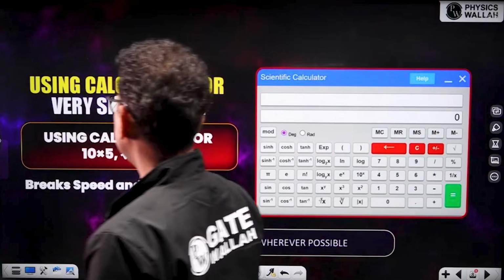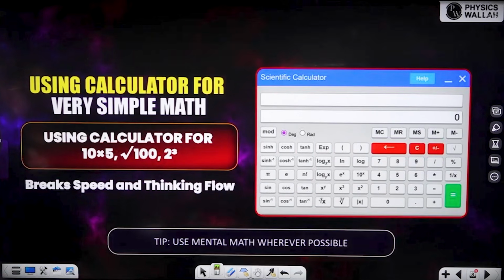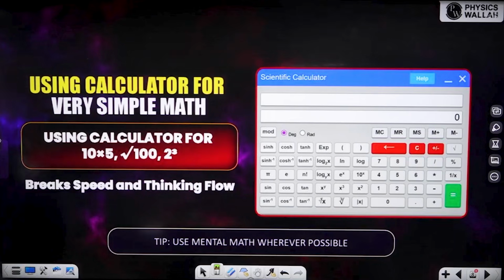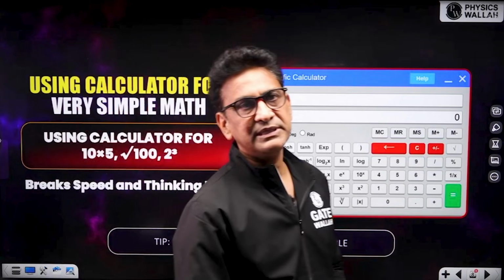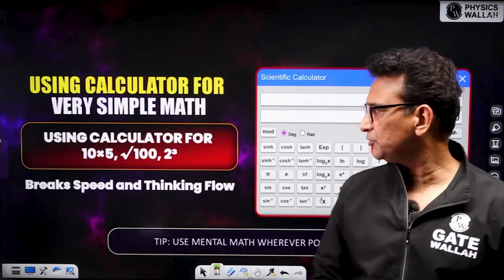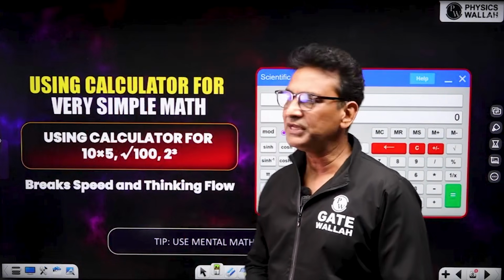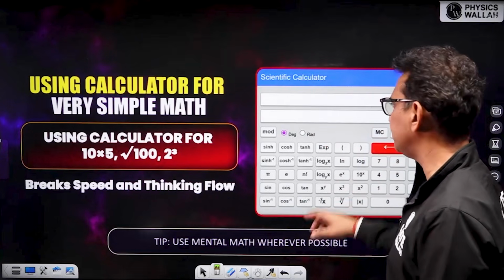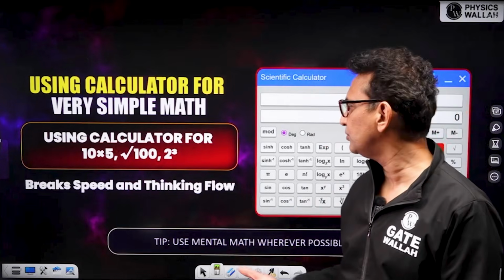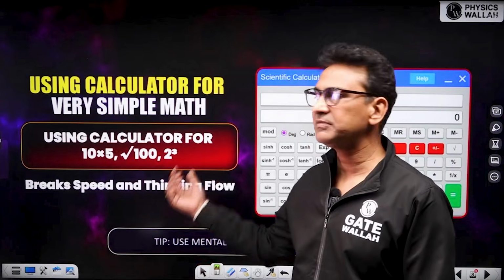Now, this is also a very common mistake. It's not exactly a mistake, basically you are wasting your time using the calculator for very simple mathematics. Sometimes we do not require a calculator for simple calculations. If you have to multiply 10 by 5, we know it's 50 only. Why start the calculator and then do 10 multiplied by 5? You are wasting your time, because you all know that the square root of 100 is nothing but 10. 2 raised to the power 3 is nothing but 8.